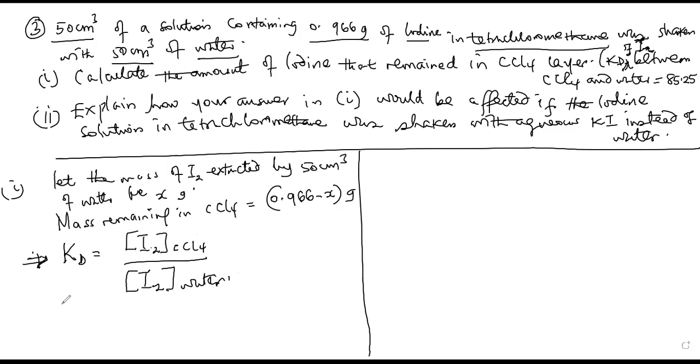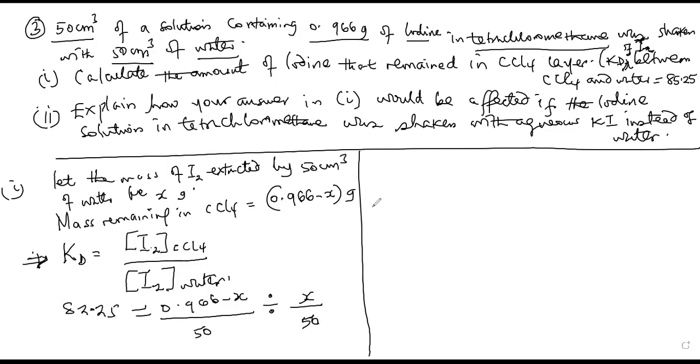So KD is 82.25, equal to the concentration of iodine in tetrachloromethane, 0.966 minus X, over the volume of tetrachloromethane, 50 cubic centimeters of solution containing the iodine, so we have 50, divided by, for water, it will be X, and we are given the water volume as 50.